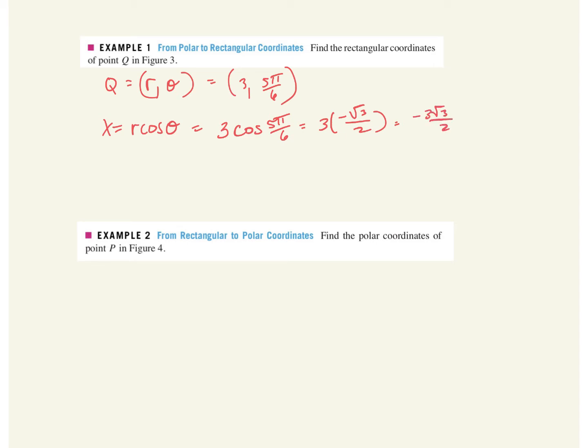We do the same exact thing for our y coordinate. So we have 3 sine of 5 pi over 6, and we're going to have 3 times a half this time, which would be 3 halves. So our equivalent ordered pair in rectangular coordinates is negative 3 root 3 over 2, comma, 3 over 2.